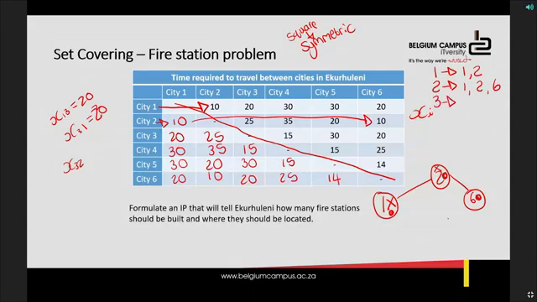What about city 3? What will it cover if I put it in city 3? We would put a square. Good. So for 3, you'll see no, no, no, no, no, no, no. Now 15 minutes is still on the dot, so we'll take it.